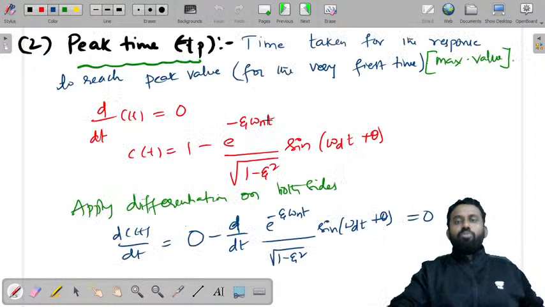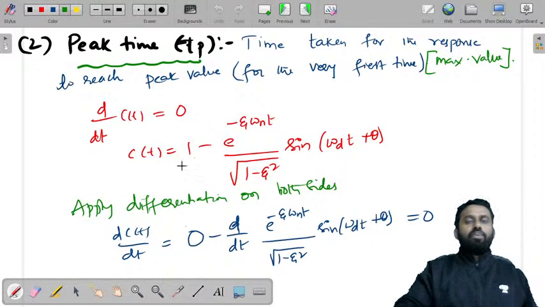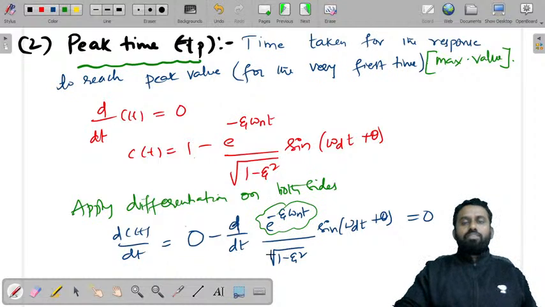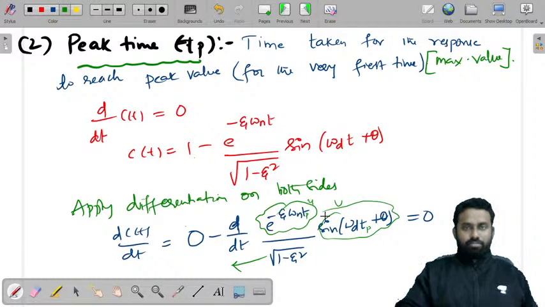you need to apply the uv rule, because this term you can take common outside, but this is also a function of t, and what is this t here now? Tp. So u into v, what is it? u v dash plus v u dash.